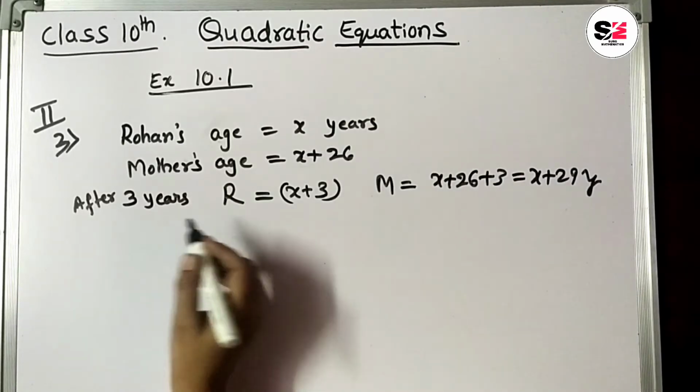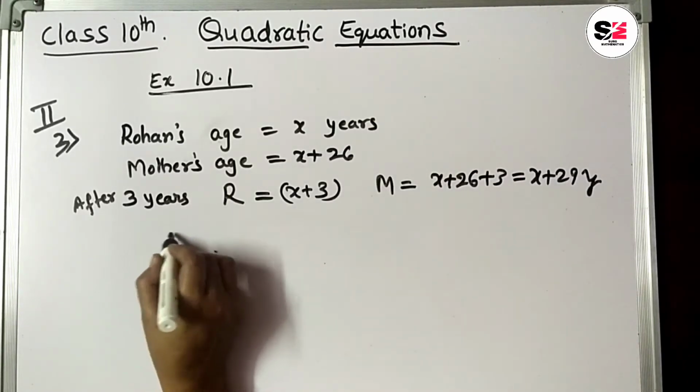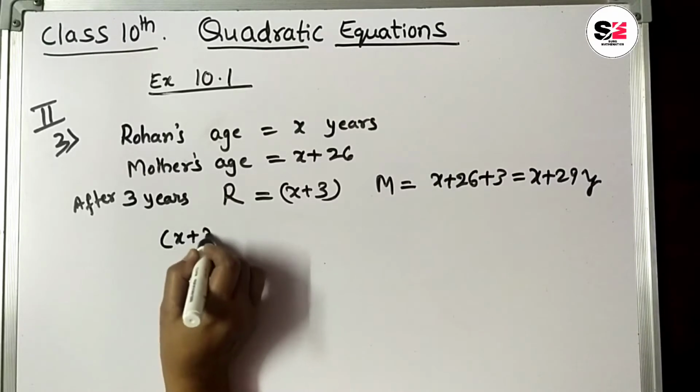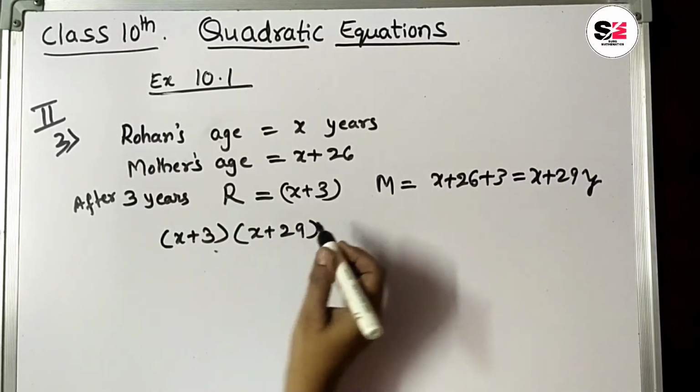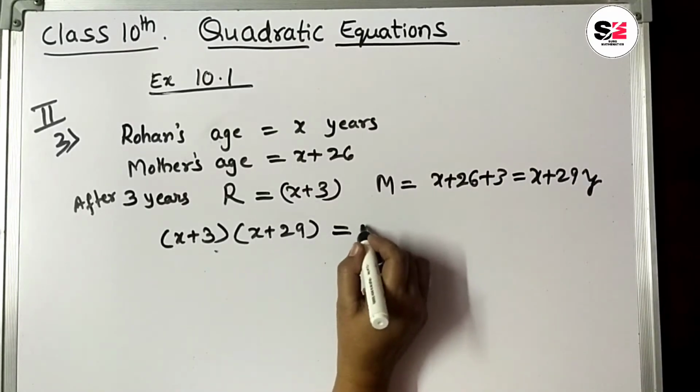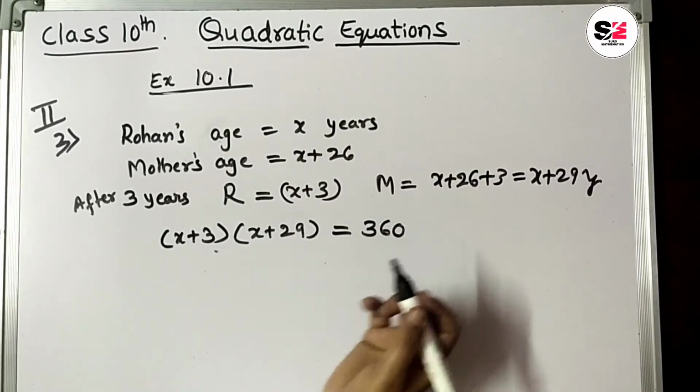Mother's age. Okay, then the product of their ages is x plus 3 and mother's age x plus 29, equal to 360, given in the question.